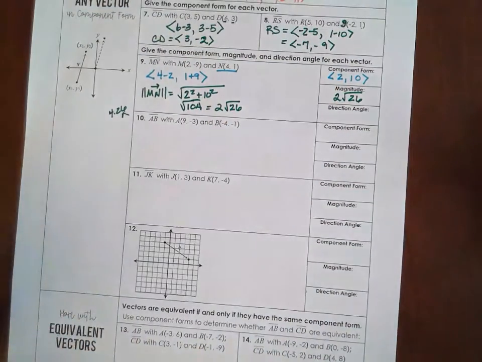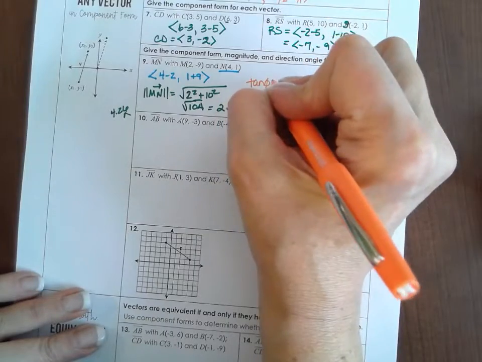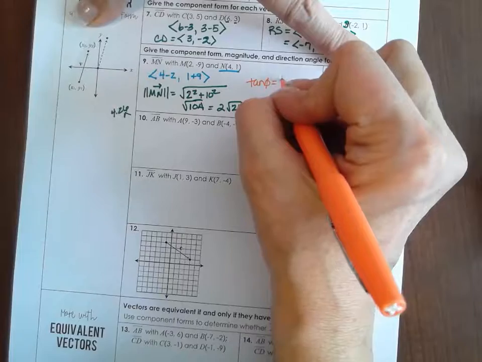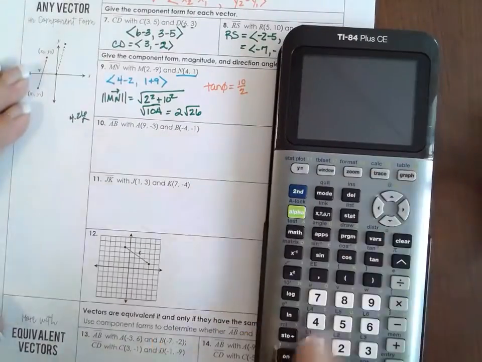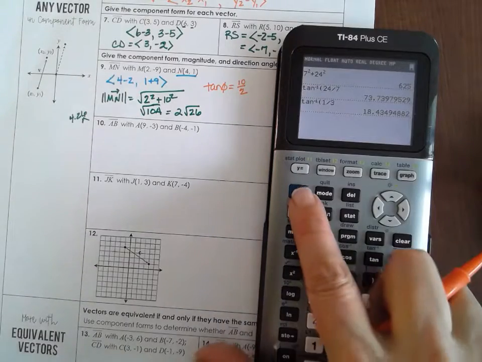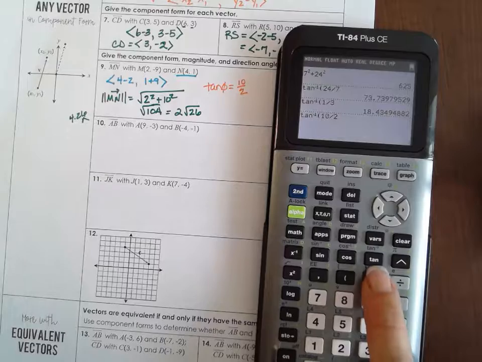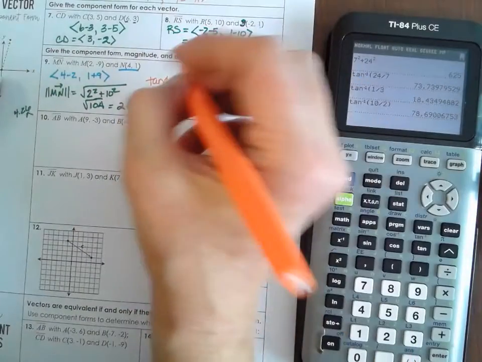All right, directional angle, we had that the tan of theta is equal to b over a. b is 10, a is 2. And so when I plug and chug, 10 divided by 2, I get 78.69.